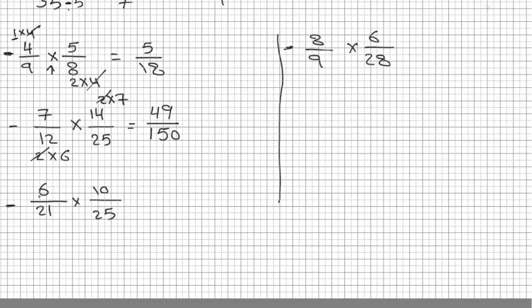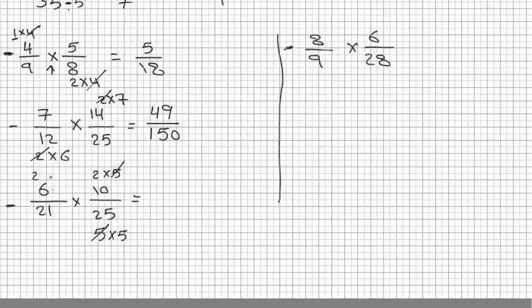Now another one. 6 over 21 multiplied by 10 over 25. We can simplify here 10 with the 25. Why? Because 2 times 5 gives me 10, and here 5 times 5, 25. Now this 5 goes with the other 5. Before we multiply, I can divide both here by the same number 3.